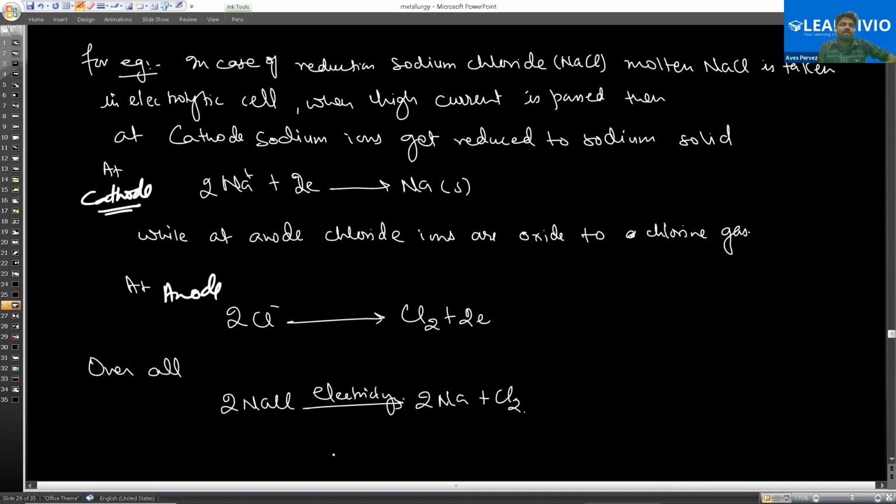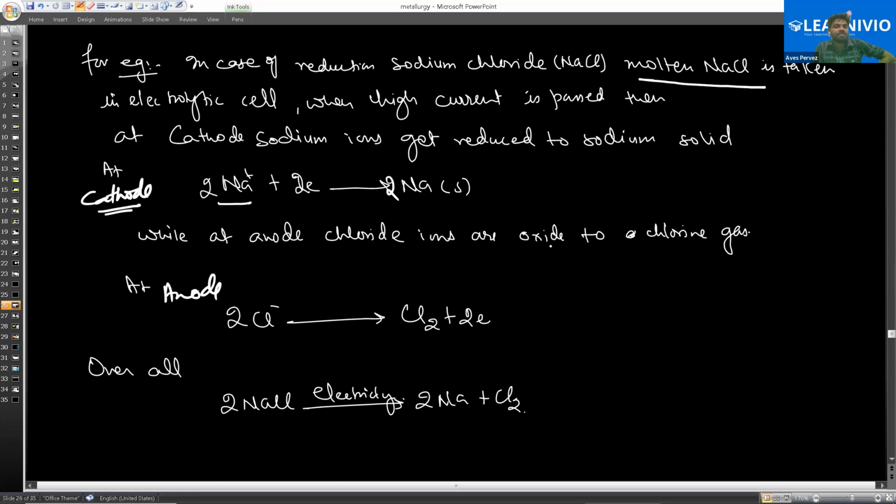Now what is going to happen here is, for example, in case of reduction of sodium chloride, we take the molten NaCl in the electrolytic cell, and we pass a high electric current. Then at the cathode, the sodium ions are reduced. If they are added with electrons, the two sodium ions will receive one electron each and will form two sodium solid. While at the anode, the two chloride ions are oxidized.